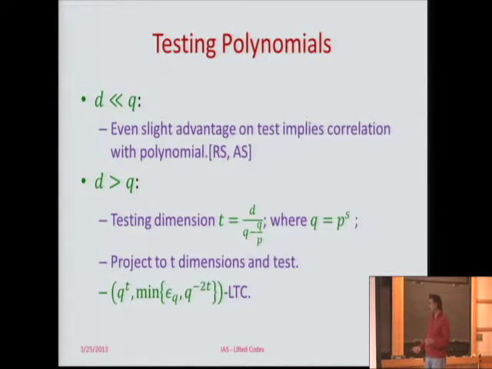The early analyses said it also has some non-trivial soundness, in the sense that if you were 1% far from being a polynomial of degree d, then you would detect it with probability something like q to the minus t.